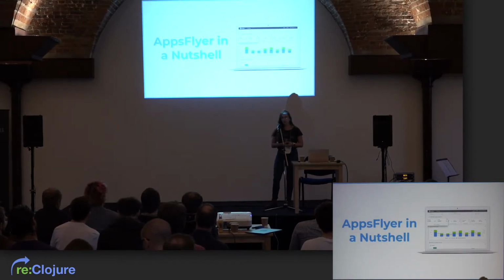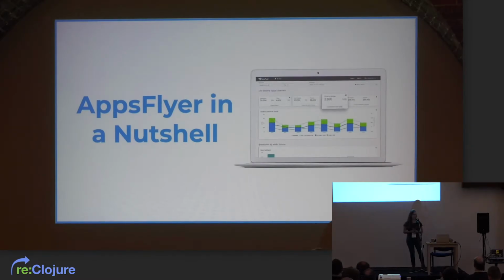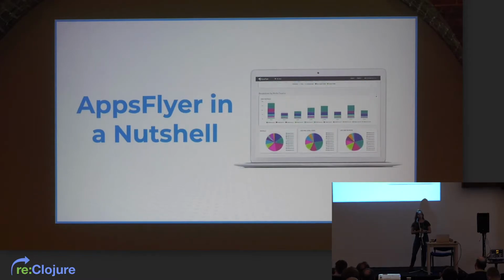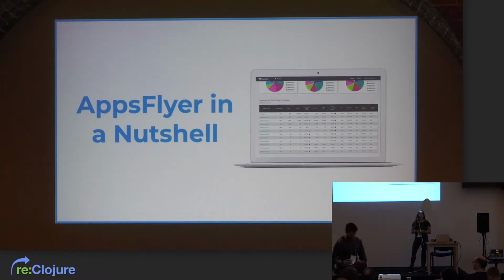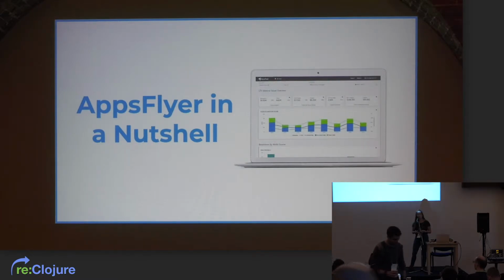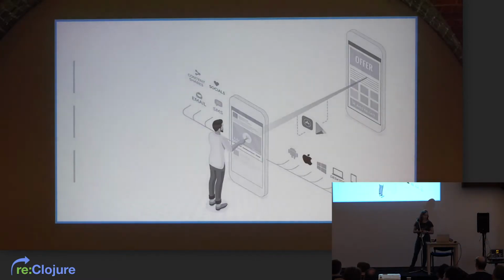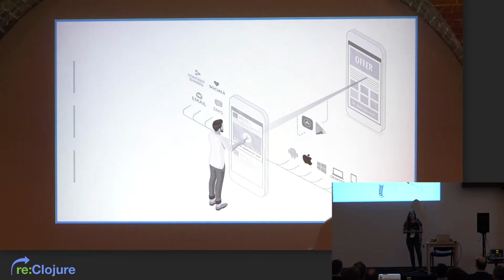So a little bit about AppsFlyer before we start, where I come from. AppsFlyer is the world's leading mobile attribution and marketing analytics platform. We help our customers get better insights on their campaigns and, in general, make better decisions. So what is mobile attribution? You're probably asking yourself.